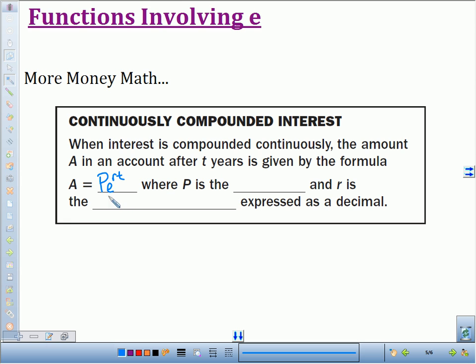So N isn't involved anymore. Instead, we have P times e to the RT. P, of course, is the principal, just like it was in the other compound interest formula. R is the interest rate. And of course we have to express R as a decimal because anytime we're dealing with percentages, we always have to use decimals.